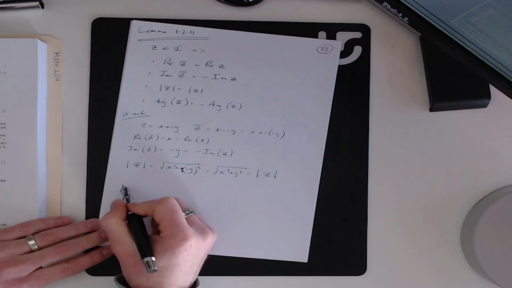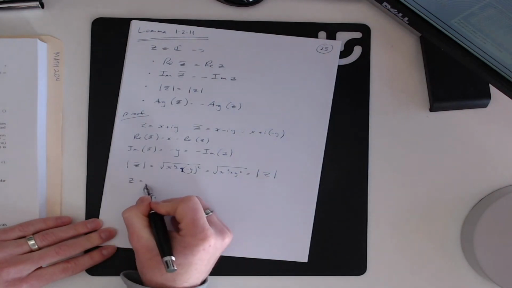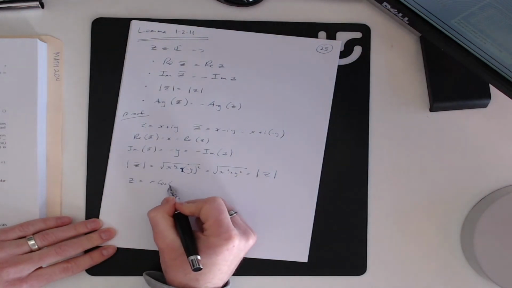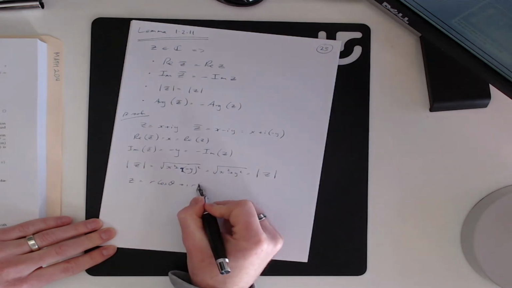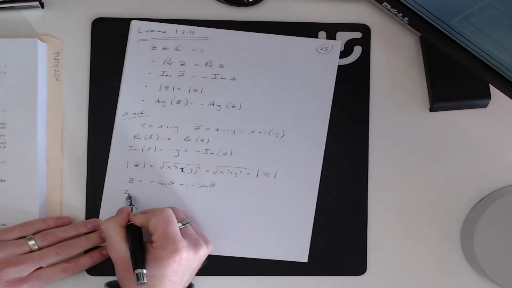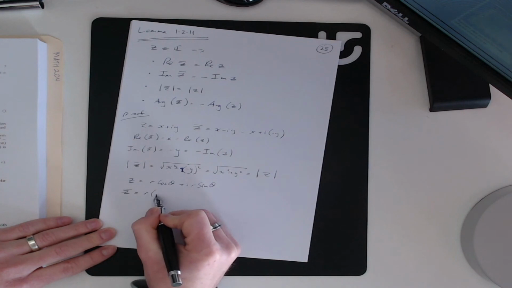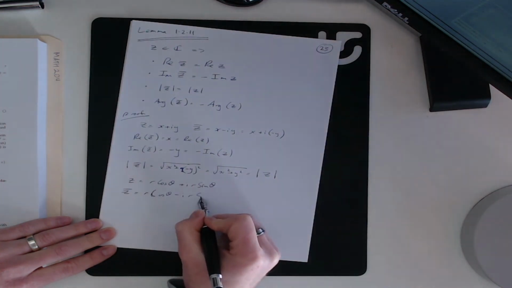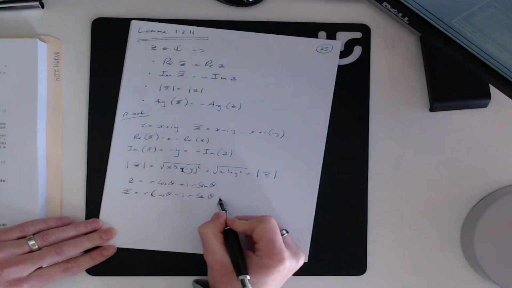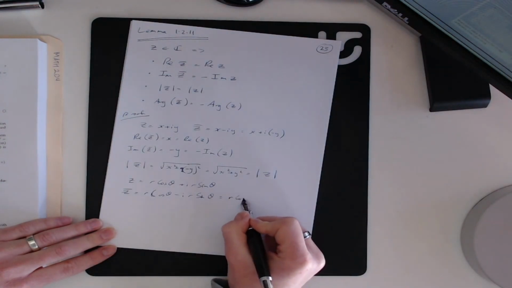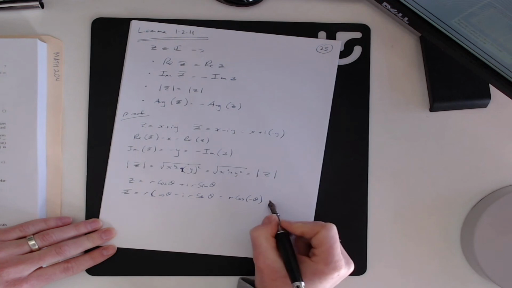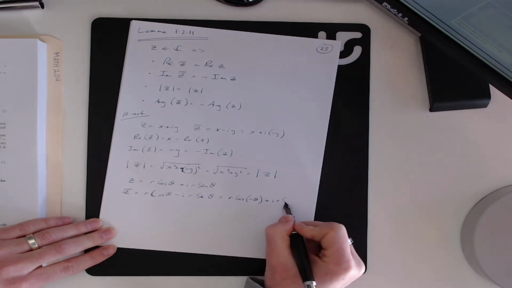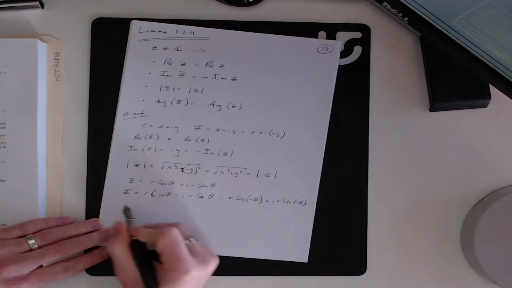And we showed just before that if z is equal to r cos theta plus i r sine theta, then z bar is equal to r cos theta minus i r sine theta, which also happens to be equal to r cos of negative theta plus i r sine minus theta.